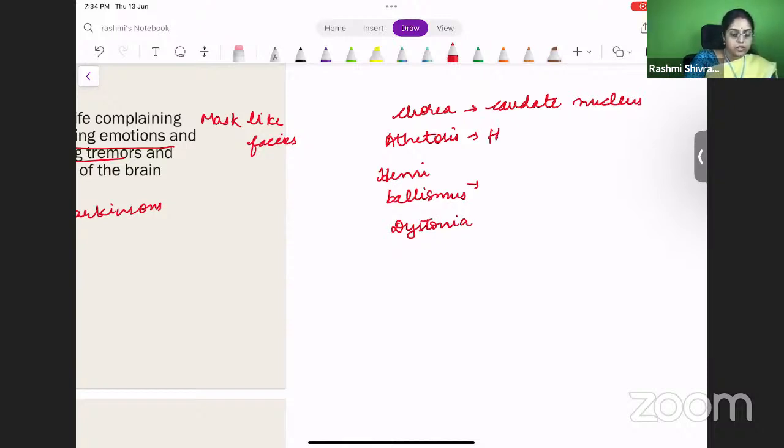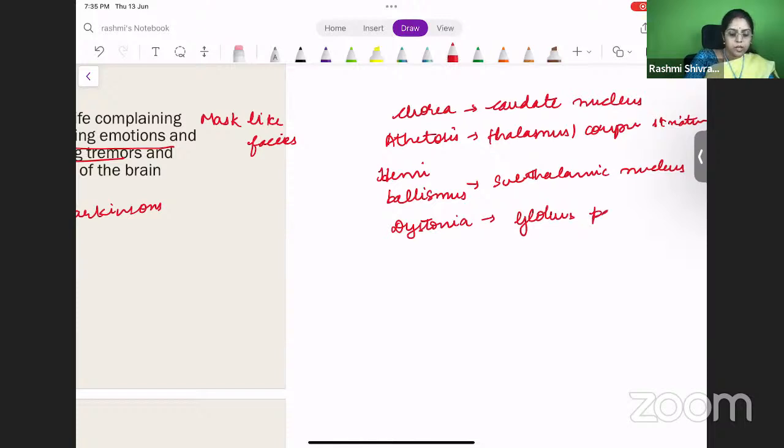We see it in the thalamus or the corpus striatum. This is just something you have to remember, it's not much of understanding. You need to remember all these things by heart. Hemibalismus, you have to think about the subthalamic nucleus. You get dystonia when the globus pallidus is affected.